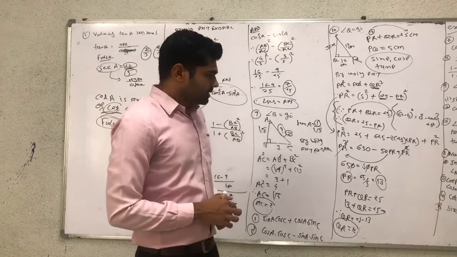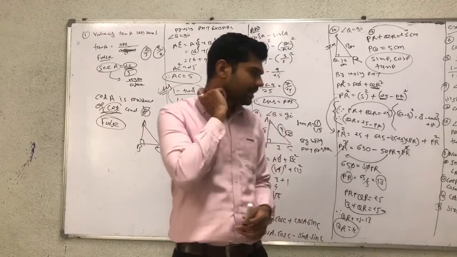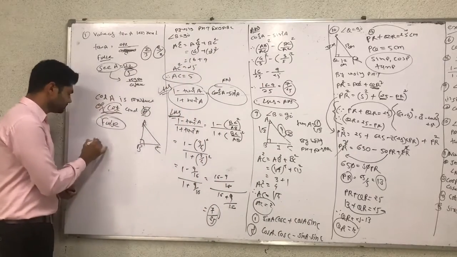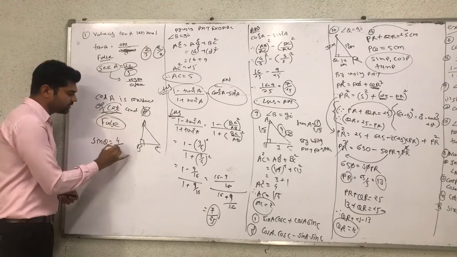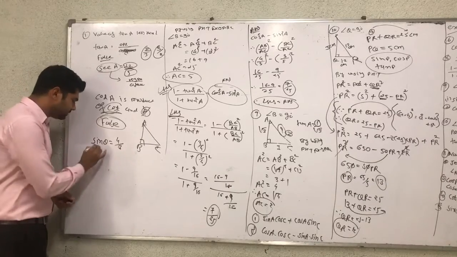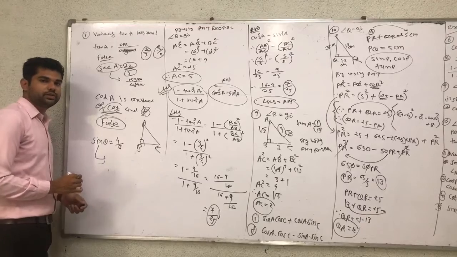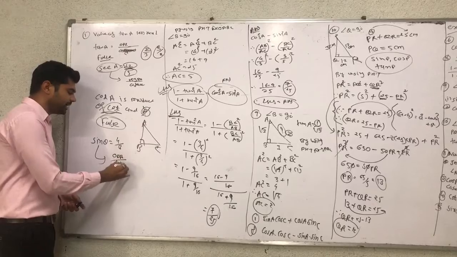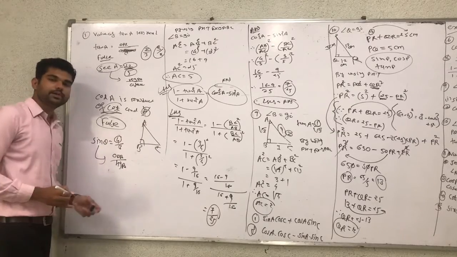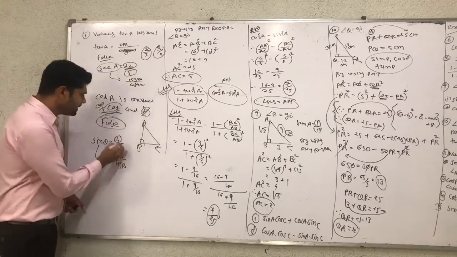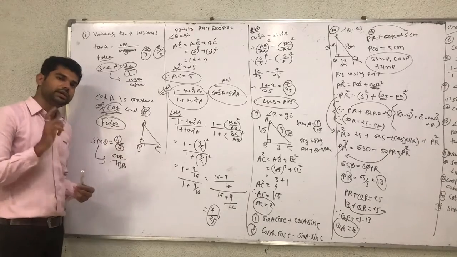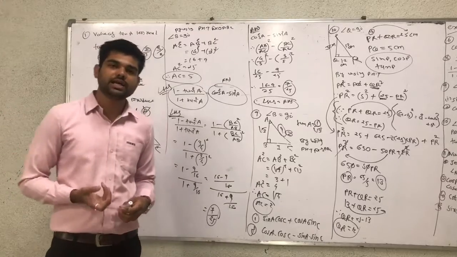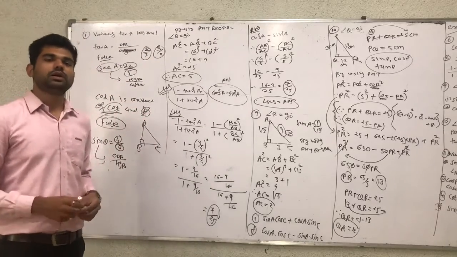Last statement: sin theta is equal to 4 by 3 for angle theta. Now sin means what? Opposite side upon hypotenuse. It means 4 represents opposite side and 3 represents hypotenuse. In a right angle triangle, hypotenuse is the largest side compared to all sides.